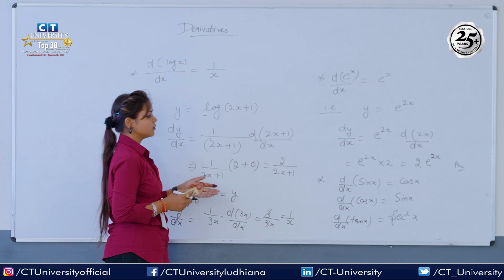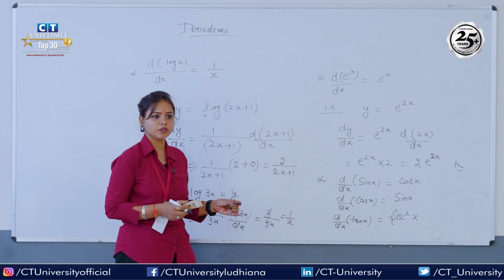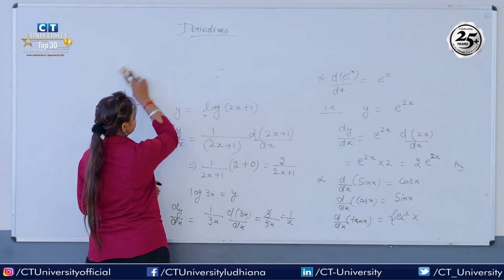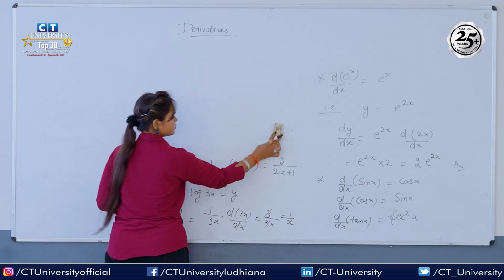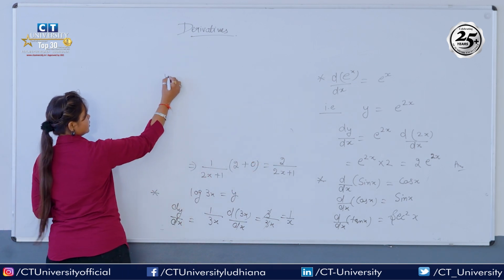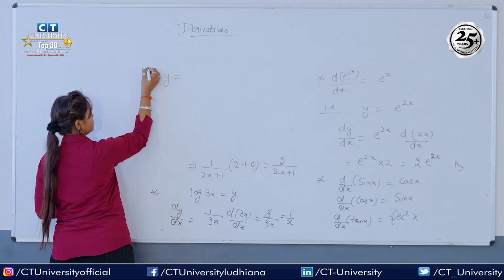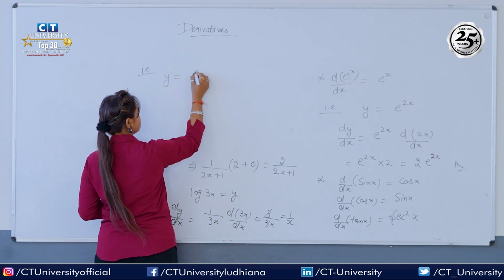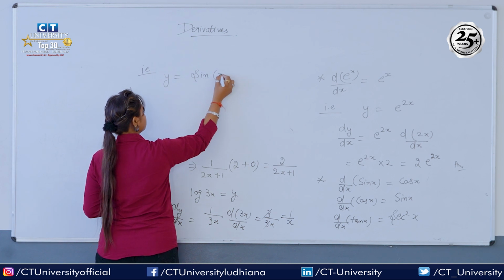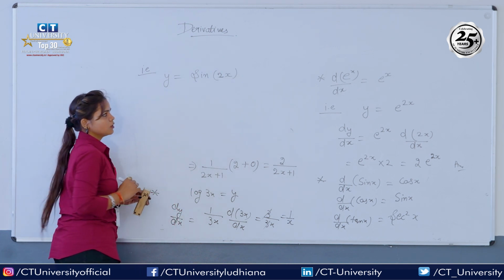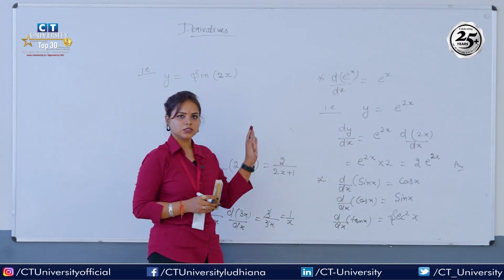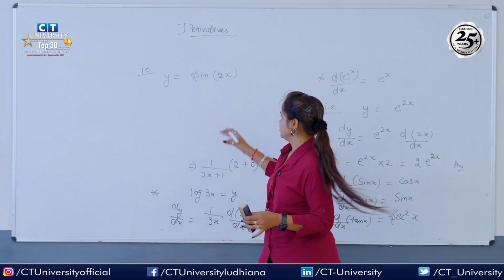Now let's discuss the derivative of some trigonometric functions with respect to x. Our first example: let y is equal to sin 2x. 2x is the angle of the trigonometric function sine.